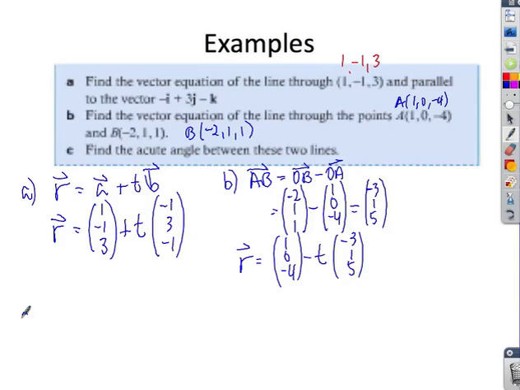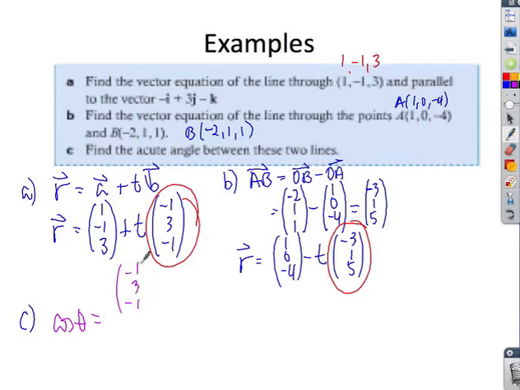In C, now here's what I was talking about before. To find the acute angle between these two lines, we're going to use both of their vector b's, and this is very, very important. This is what you must do. If you choose the wrong vector, you won't get any points in the question. So here we're calculating cos of theta, and it doesn't matter what order I put them in: it's -1, 3, -1 times -3, 1, 5, over the product of their magnitudes.